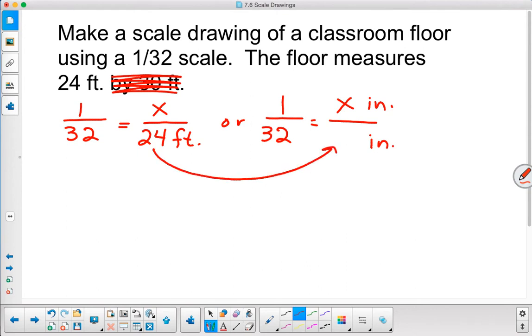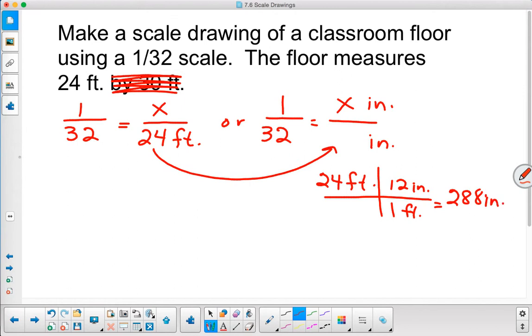That's part of why we're doing conversions. 24 feet, converting, 1 foot is 12 inches. When we multiply 24 times 12, we get 288 inches. So let's replace the 24 feet with 288 inches and then cross multiply. That way our drawing measurement will be in inches.